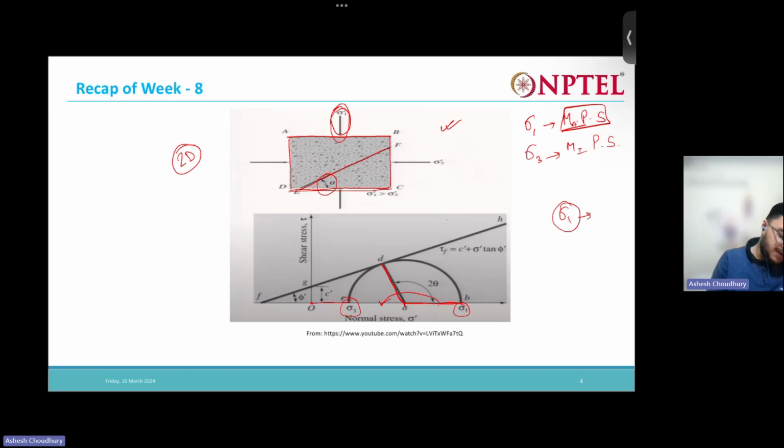Okay, so what we can do, we can draw a Mohr circle here, and if you see here, at this point D, the failure envelope actually makes a tangent. If we say that this is the failure envelope, this failure envelope is actually making a tangent at this point.